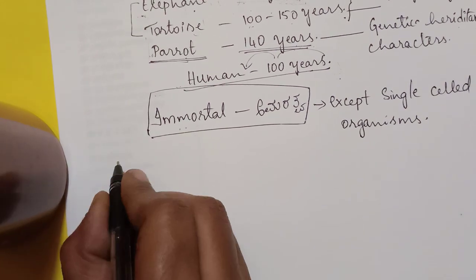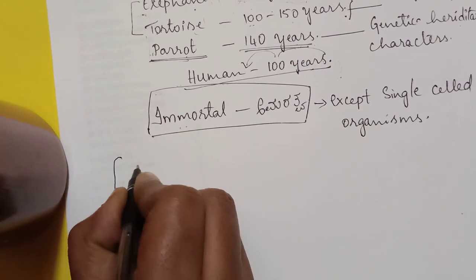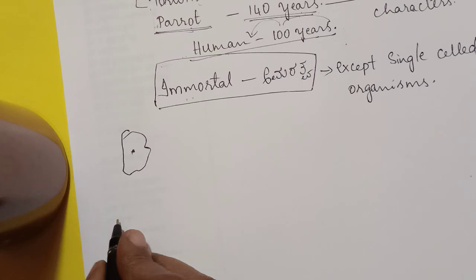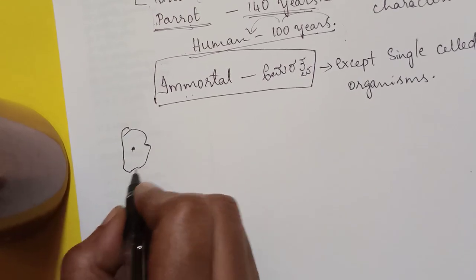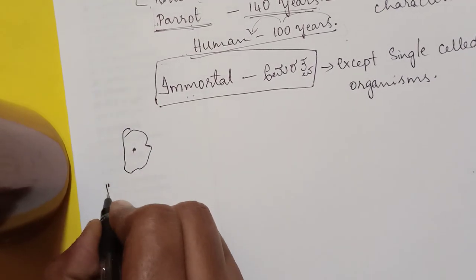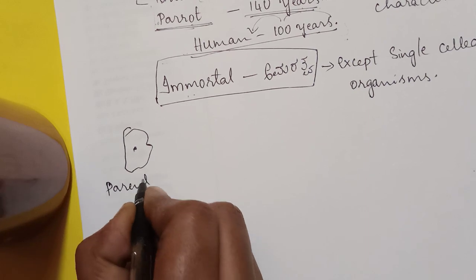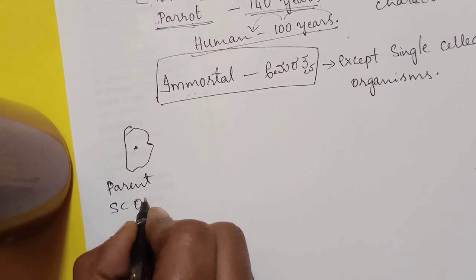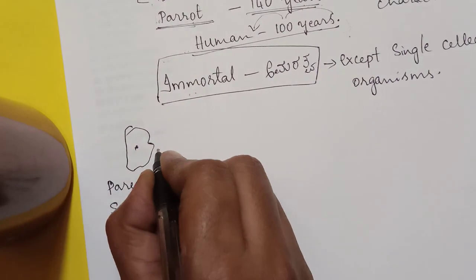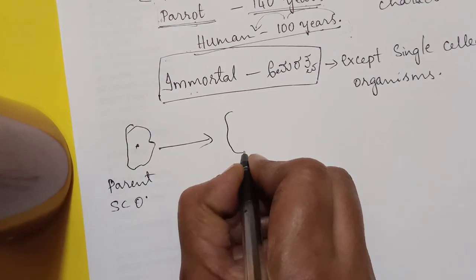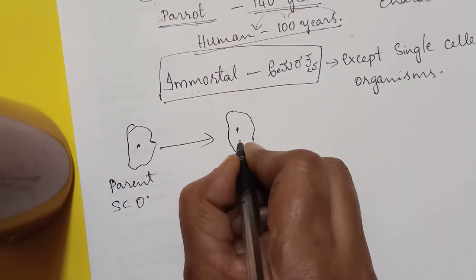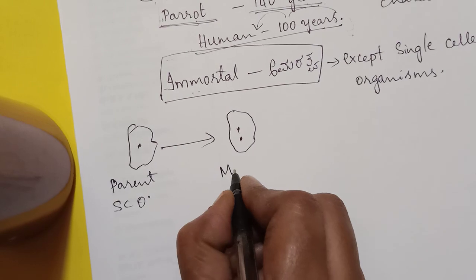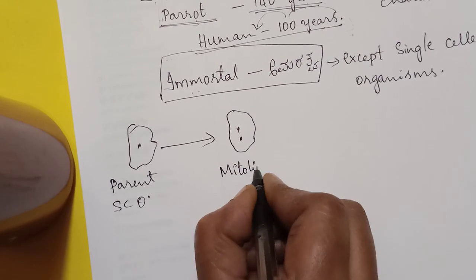Here the body itself is a single cell. If we take it as a parent single-celled organism, it will undergo division, that is, it undergoes mitotic division.